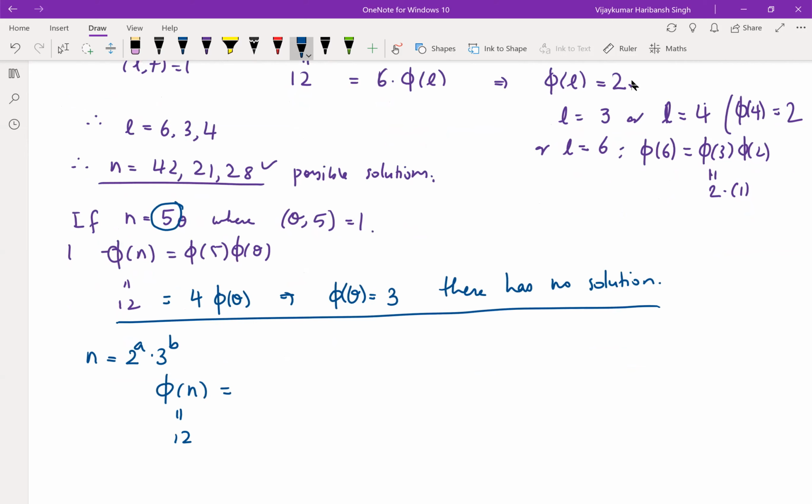And on the other hand, we have 2 to the power a minus 1 times 2 minus 1, times 3 to the power b minus 1 times 3 minus 1. So here we get 2 to the power a minus 1 times 3 to the power b minus 1.